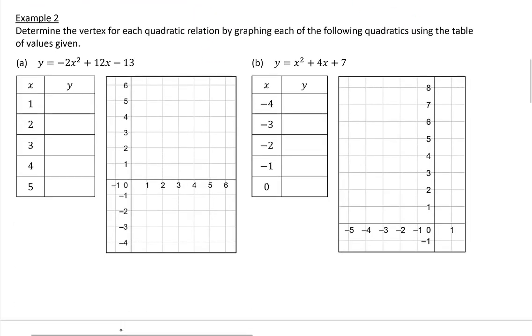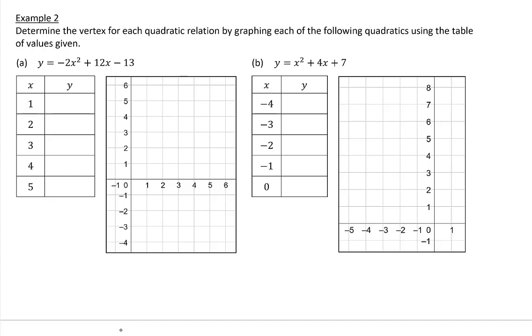In example 2, I want you to determine the vertex for each quadratic by graphing each of the following quadratics using the table of values given here. Take a moment now, pause the video, and see if you can find the y values for the given x values. Hopefully you've tried that out.